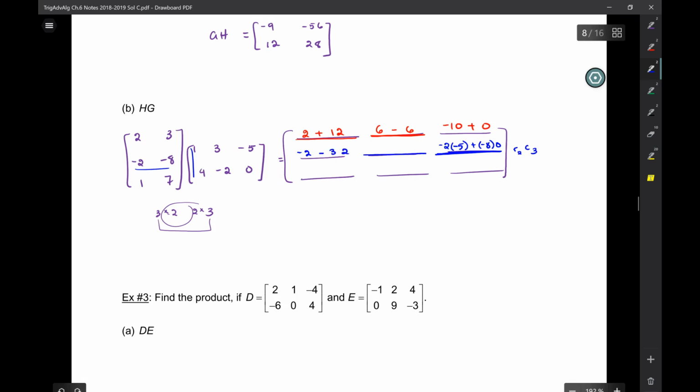It would be negative 30 because 8 is negative. So go ahead and do the last row.